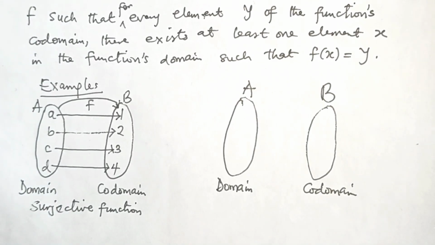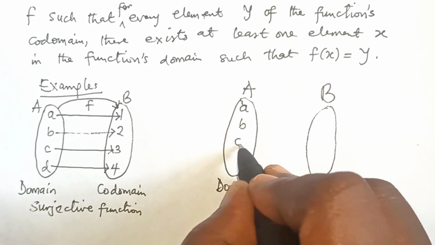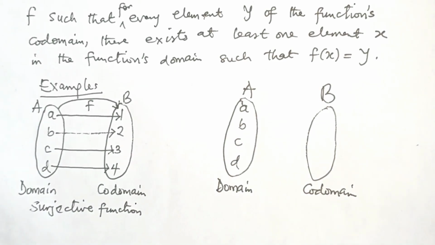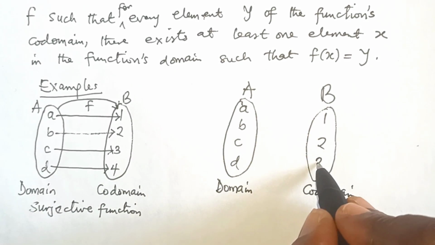Then the elements of A are A, B, C, and D, while the elements of B are 1, 2, and 3.